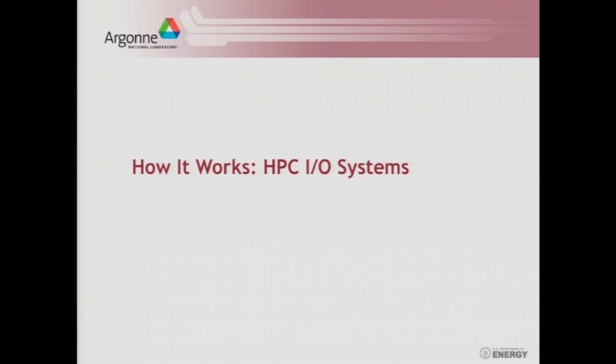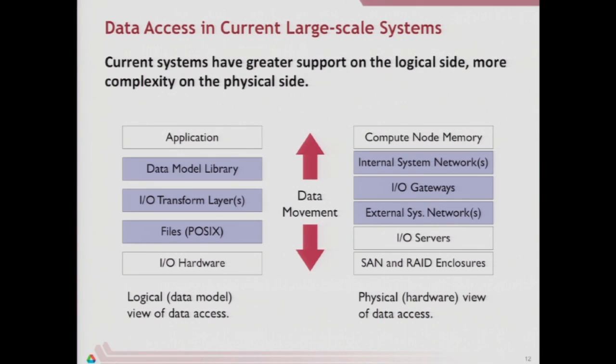So we're going to be bouncing back and forth between thinking about I/O systems in these two different views. This left-hand logical view of we have data in some organization in our application, and we need to get that data out onto storage or vice versa. And this right-hand view of, okay, we have this data in our application.